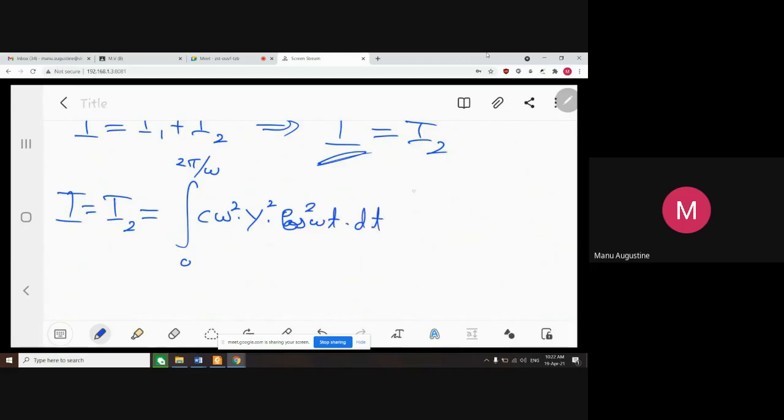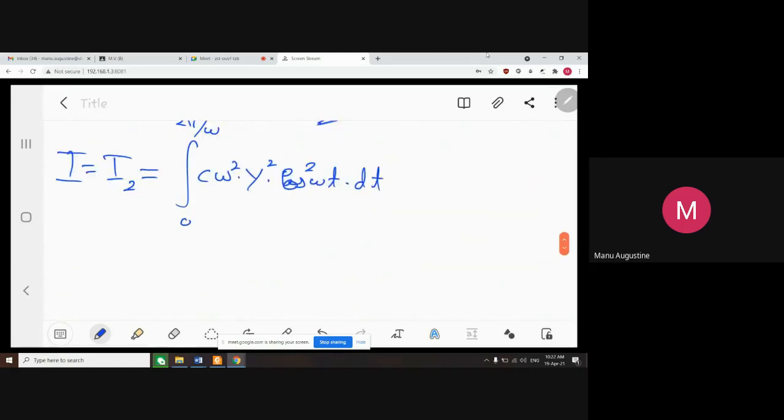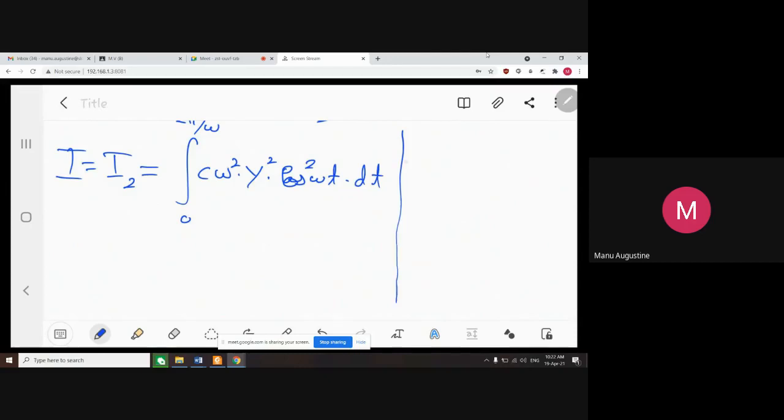Now you see once again there is a trick for integration. When you have an expression for cos square omega t, you can use this trigonometric identity. You know that cos 2 theta is equal to 2 cos square theta minus 1. So I can write cos square theta, wherever it appears in my integration, as cos 2 theta plus 1, whole divided by 2.